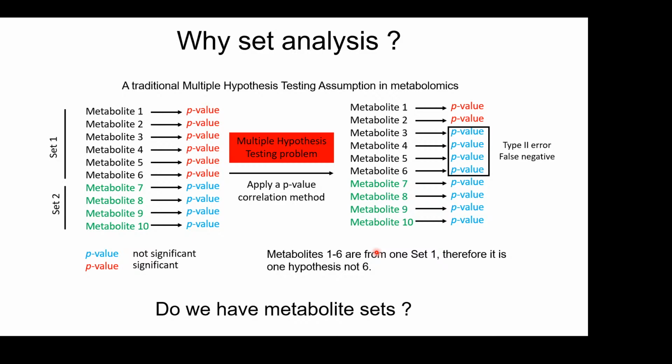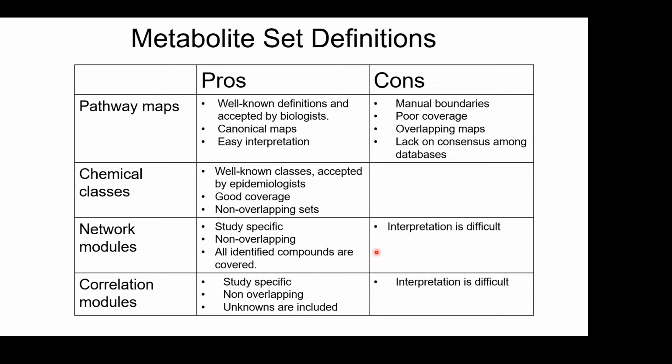We need to find what metabolite sets are out there and what definitions we can use for sets. Here's a simple table of 4 well-known metabolite sets. The top row is a pathway map, where we say these metabolites belong to one pathway, for example TCA.